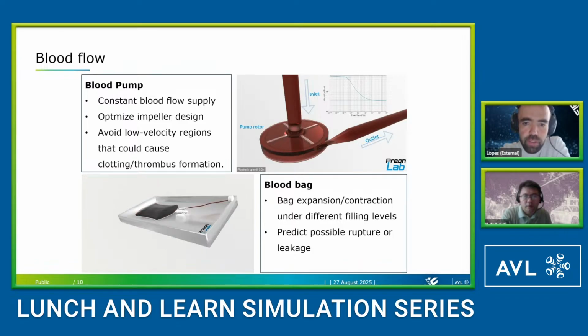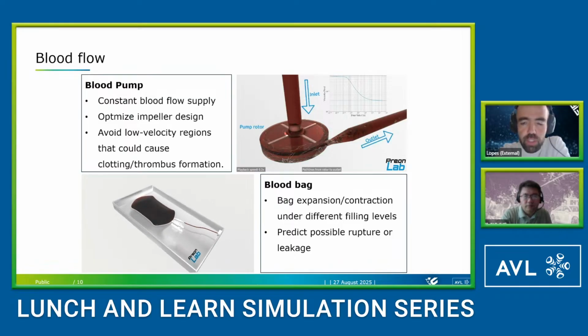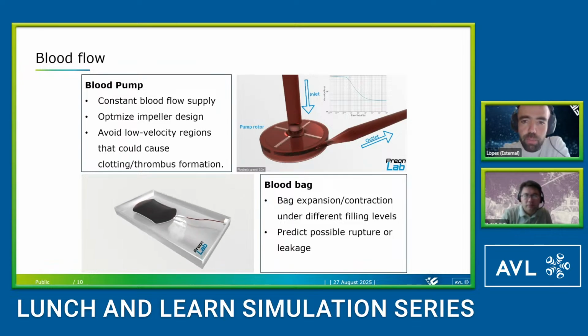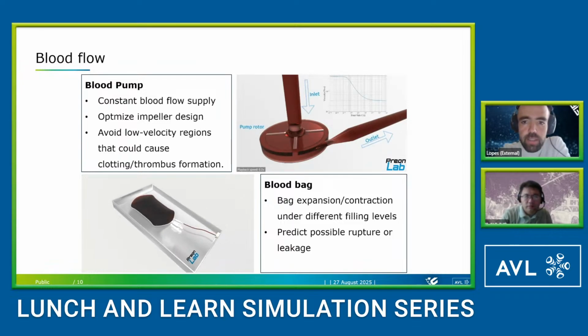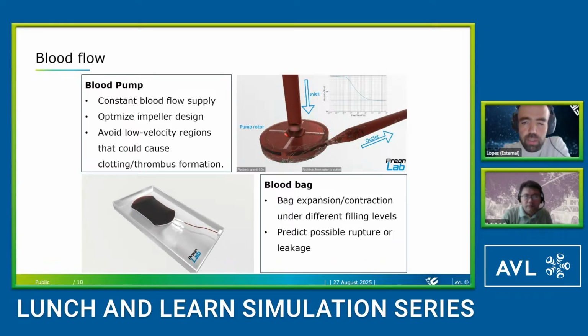And whenever we are simulating a blood pump, we want to ensure that the blood pump is working properly, and that means that it's providing a constant blood flow supply to the outlet. And as engineers, we can also get insights into the forces and the stresses on the impeller, which is the main component of this pump.